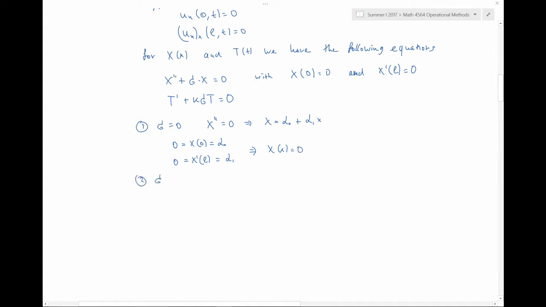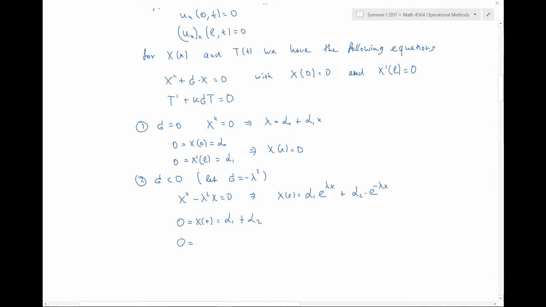Moving on to the next case, sigma being less than 0, meaning that we assume sigma is minus lambda squared, we get the equation X double prime minus lambda squared X equals 0, which leads to the solution alpha 1 e^(lambda x) plus alpha 2 e^(minus lambda x). Plugging in the conditions, we get that alpha 1 plus alpha 2 should be 0.